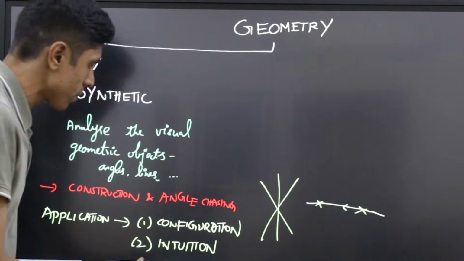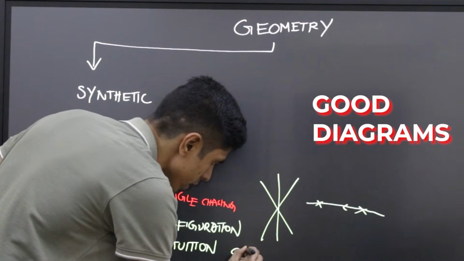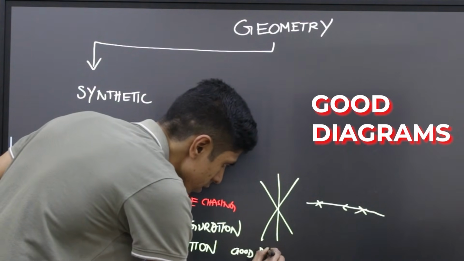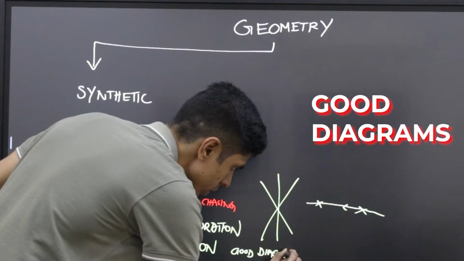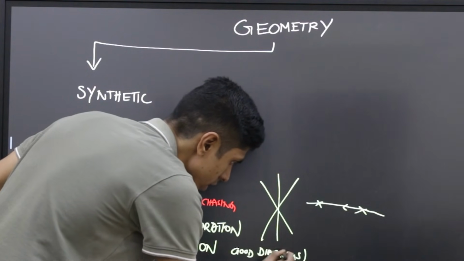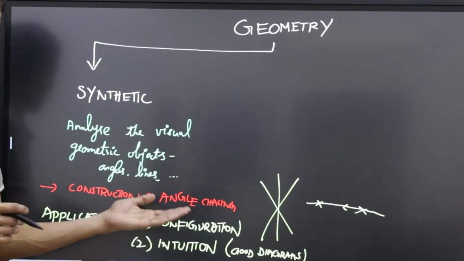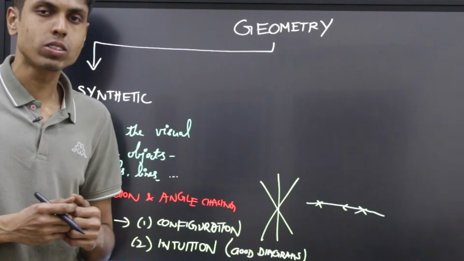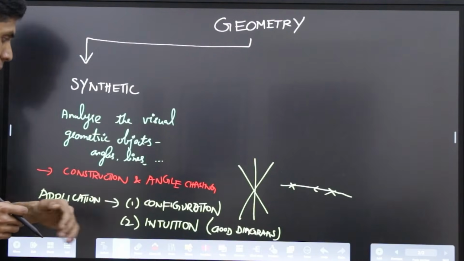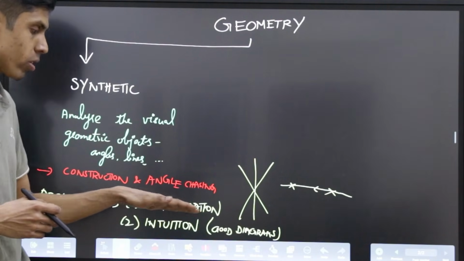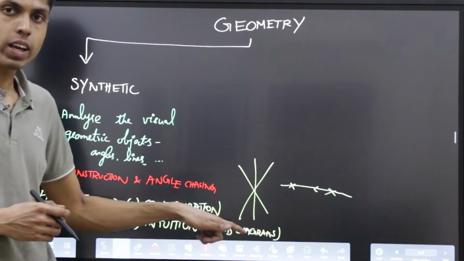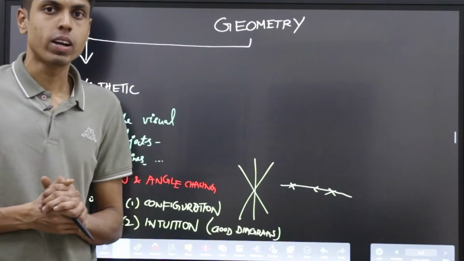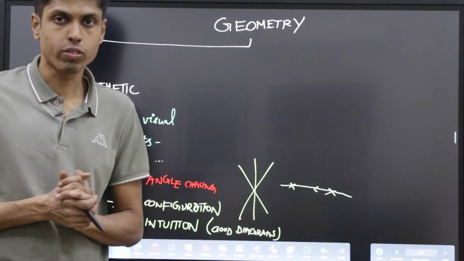Now for this, you must draw good diagrams. Of course, it will get consolidated as you get experienced, but it does not only depend on your experience. You should draw good diagrams, you should pay attention, and you should be quite focused on the configuration.